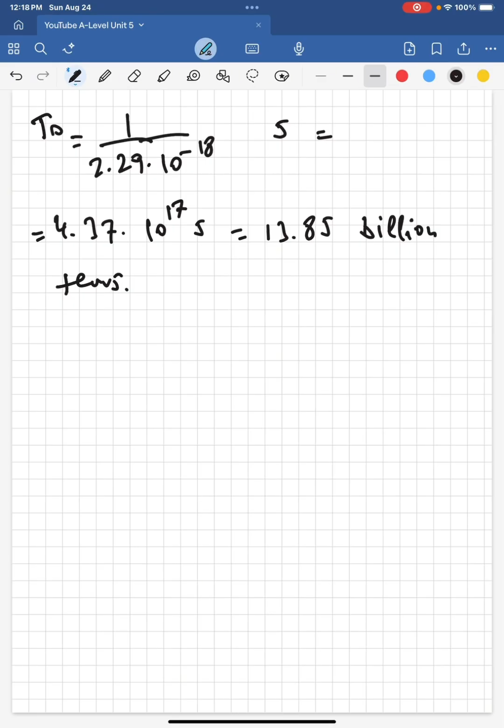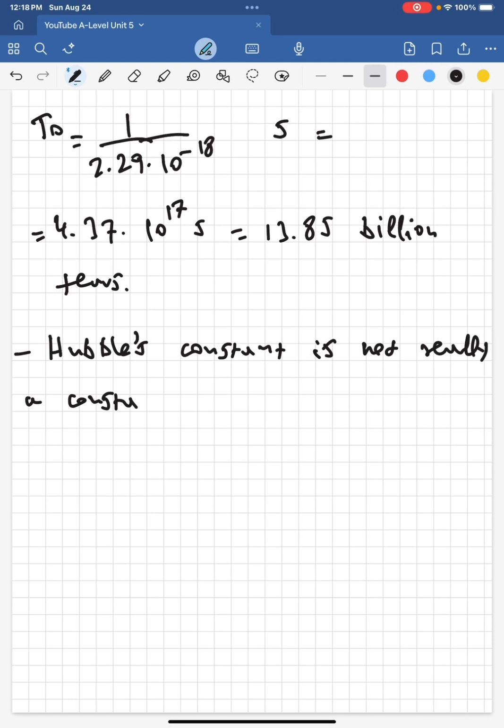And I'm going to write that down. So Hubble's constant is not really a constant, as it depends on observational data.